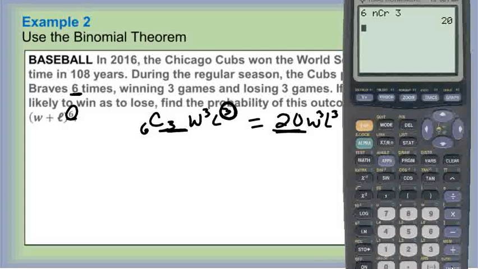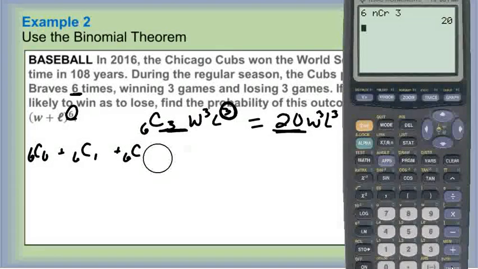I'm going to start with 6 choose 0, plus 6 choose 1, plus 6 choose 2, plus 6 choose 3, and so forth.